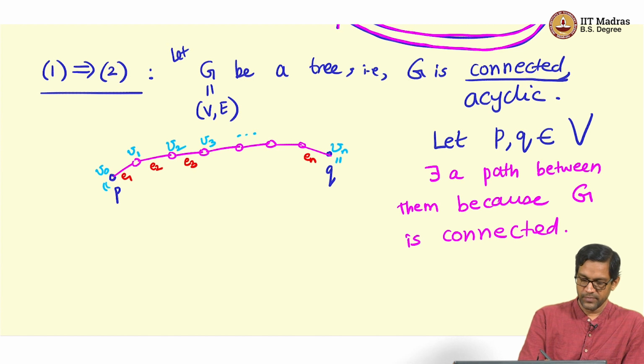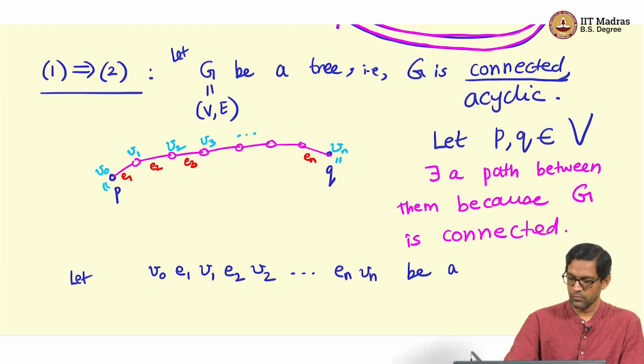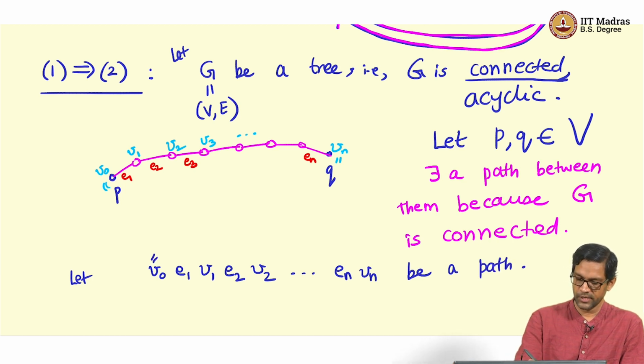So let this path be denoted V0, E1, V1, E2, V2 etc., En, be one such path, in which V0 is P and Vn is Q.